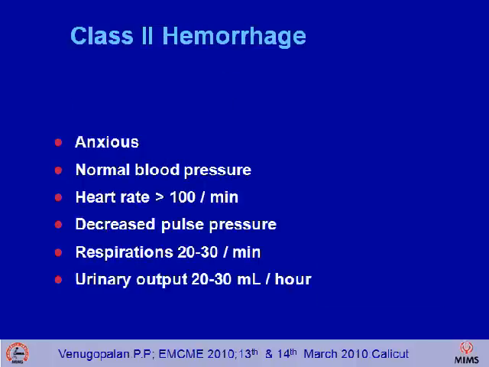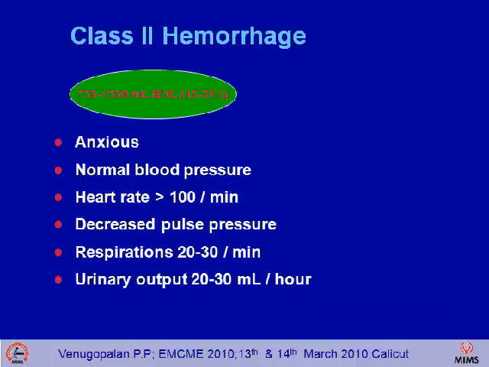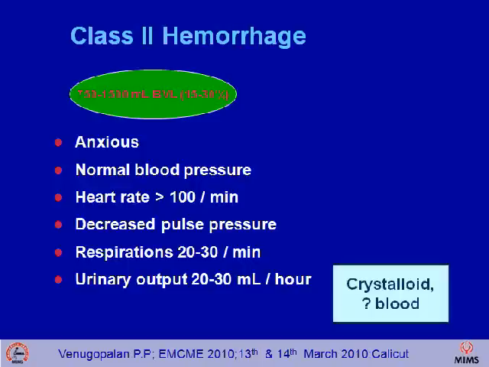In class 2 hemorrhage, the blood loss is approximately 750 to 1500 ml, that is 15 to 30% of the blood volume. The patient is anxious with normal blood pressure but tachycardic, heart rate more than 100 per minute, with decreased pulse pressure, almost normal respiration, and normal urine output. The treatment is crystalloid.